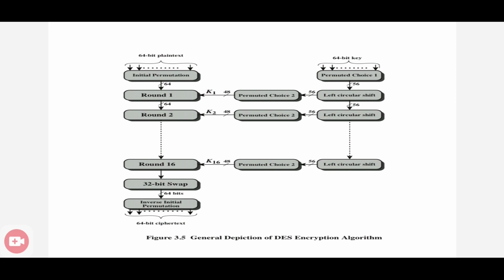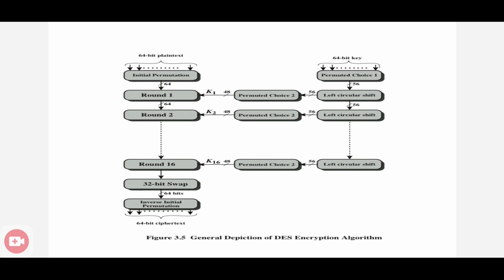So the key we use for processing is 56-bit. That 56 bit is used for the actual processing of the plain text. That is why we already said the key length is 56 bit.